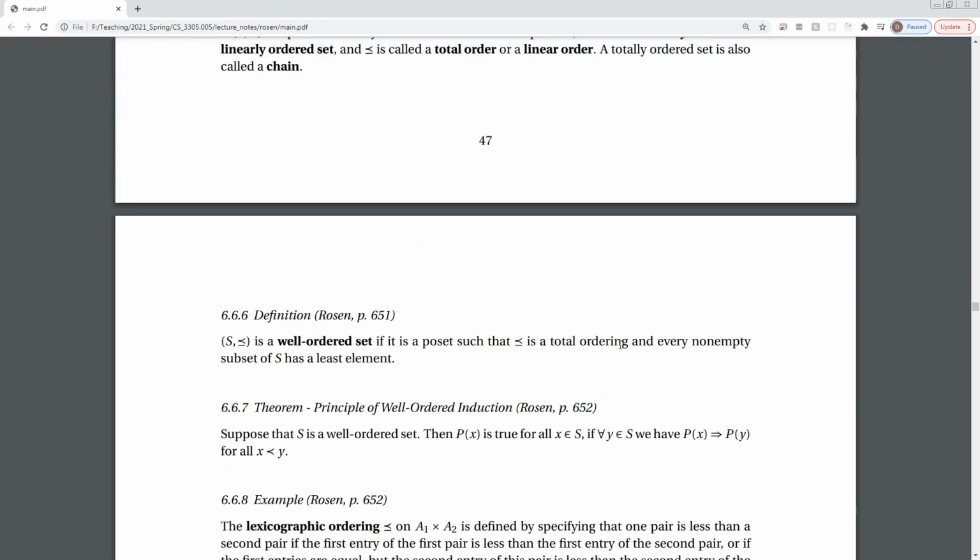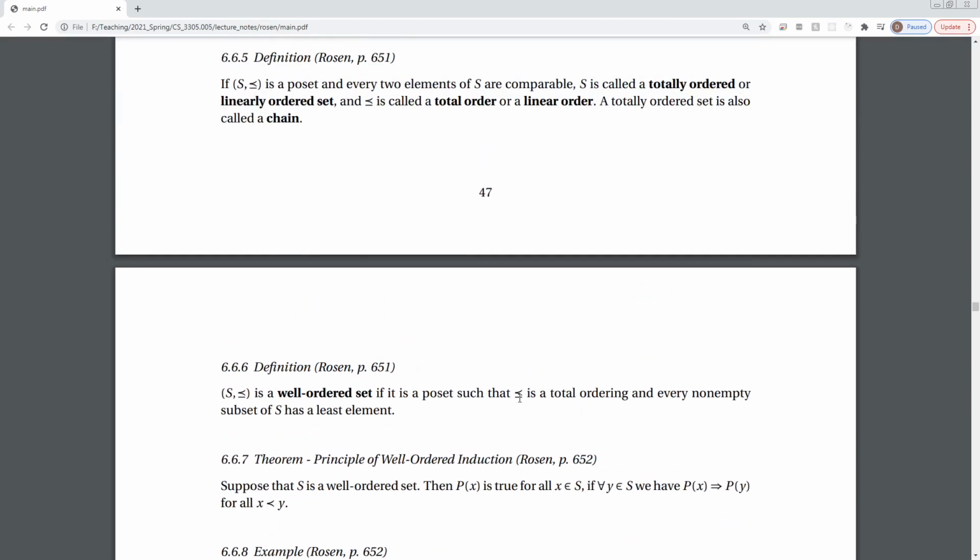So when would this not be the case? I want you to consider the case of the natural numbers versus the integers. The natural numbers are the positive integers, and the integers as a whole are all of the positive and negative numbers. That set is totally ordered.